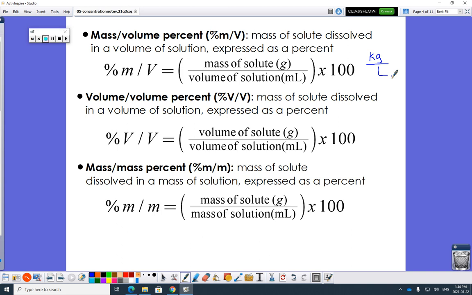If you have to convert, kilograms multiplied by 1,000 is grams. So there are questions for sure that your textbook will give you in kilograms, but I won't do that. They might give you milligrams, and then you divide by 1,000 to get to grams.